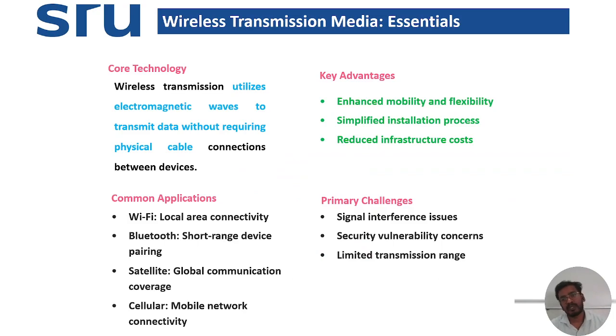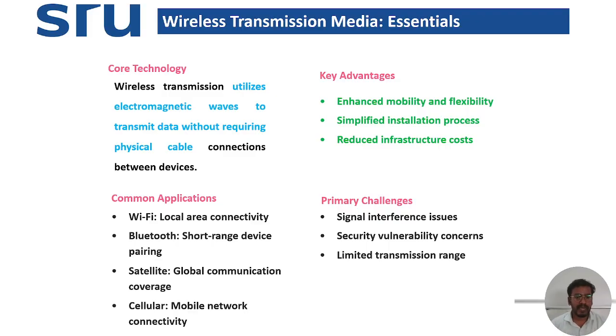Now the wireless transmission media essentials: what are the key features and advantages of wireless transmission? Coming to the core technology, wireless transmission utilizes electromagnetic waves to transmit data without requiring physical cable connections between devices. We don't need to implement any wire connections to transmit data from one device to another.